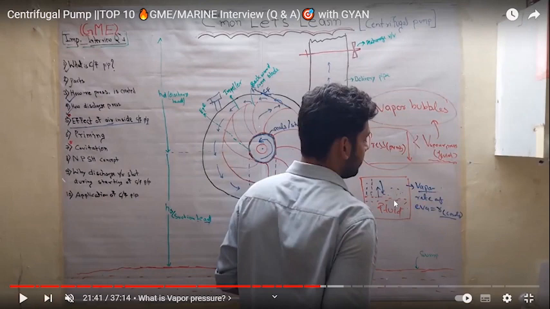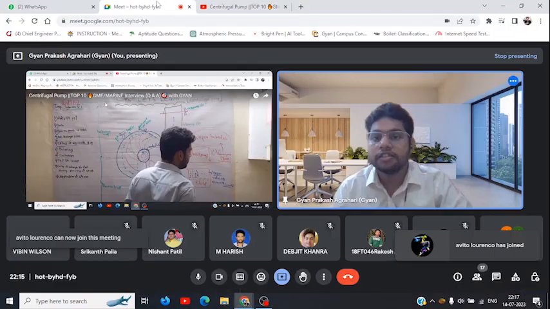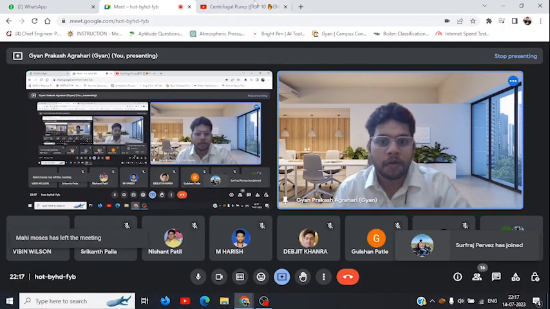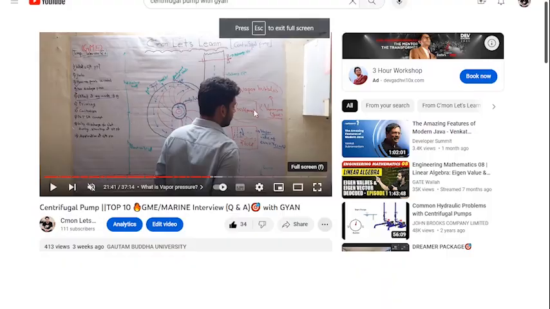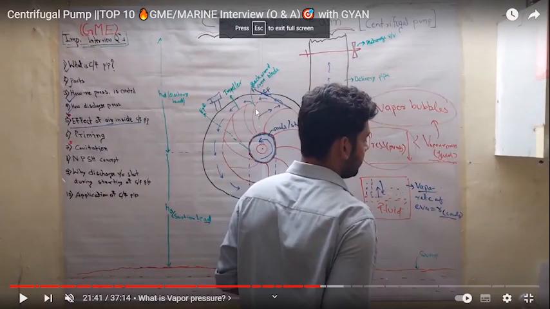Evaporation means the process of formation of vapor from liquid, and condensation means, guys, what is condensation? Vapor to liquid.